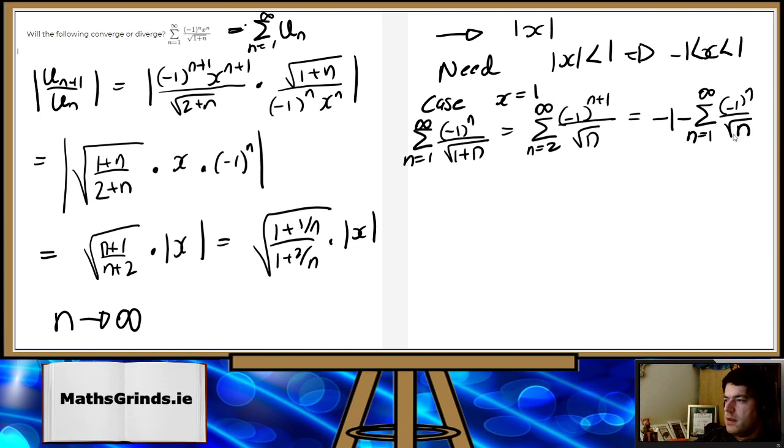You just think the first term when n is 1 will be minus 1, and minus 1 will cancel the minus 1. So that's gone. When n is 2, then this will be positive over root 2, but then multiplied by the minus, so it'll be a negative over root 2, which is what the first one is here. Yep.